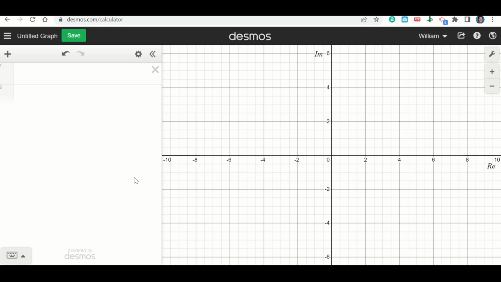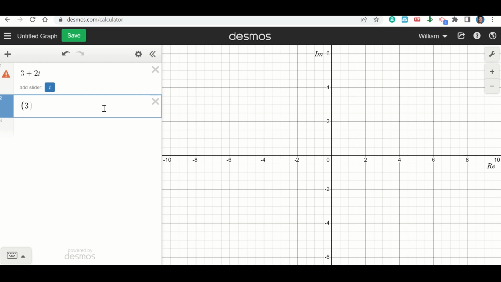Now let's say we were trying to plot the point 3 plus 2i. Well, what we're going to do is treat the first number, the real number, as our x, and the imaginary number, the number in front of the i, as our y. So we'd put it in parentheses.